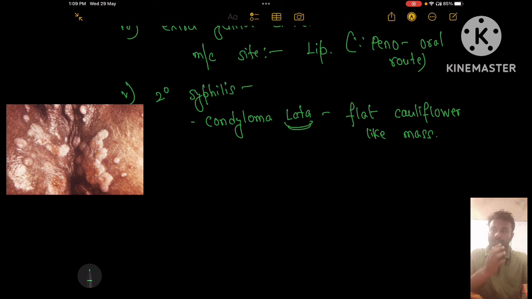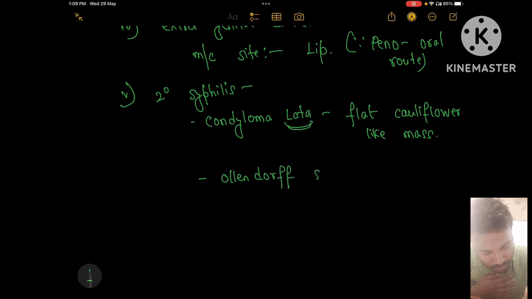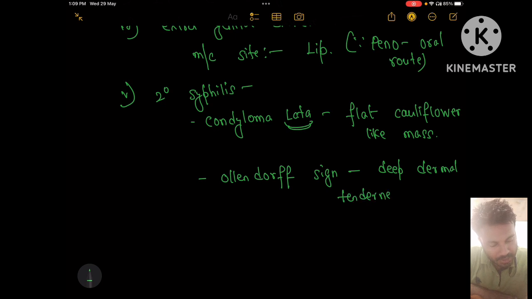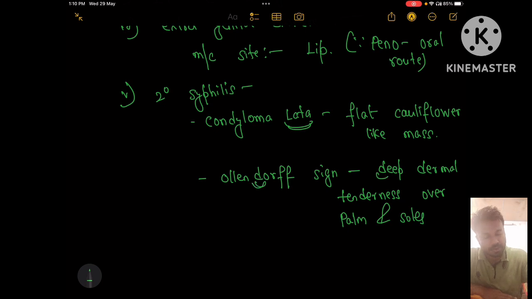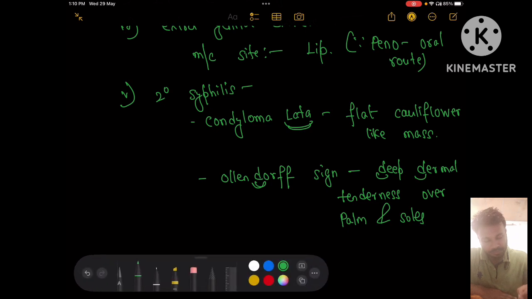And there is another term called Ollendorff sign. It is deep dermal tenderness over palm and sole.